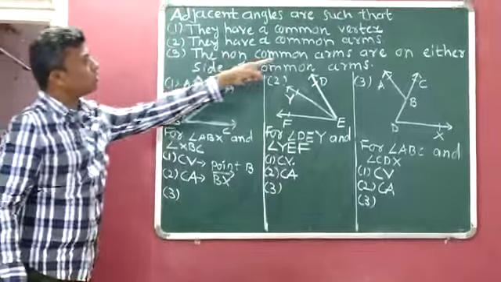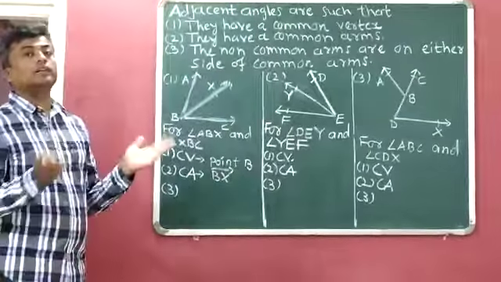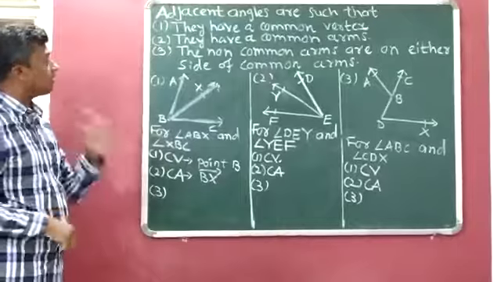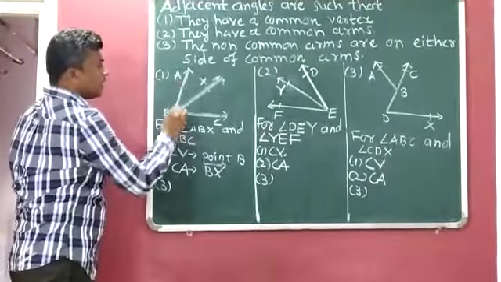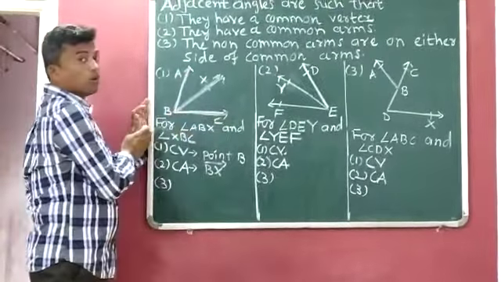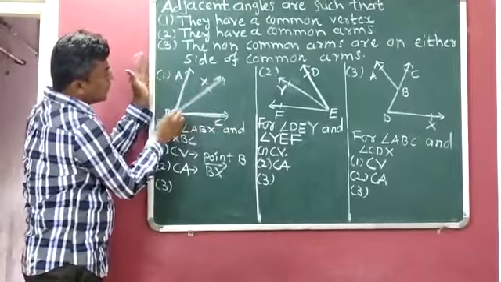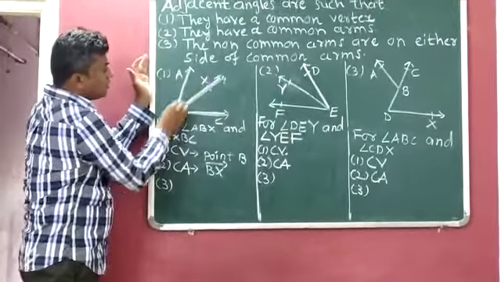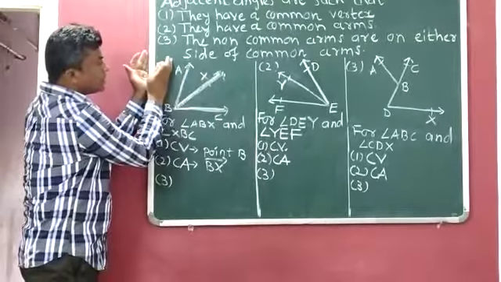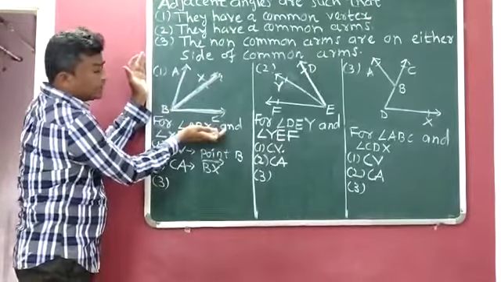And third, the non-common arms are on either side of the common arm. See, ray BA and ray BC are non-common arms of both angles. They are available on either side of the common arm. It means one ray is on this side and one ray is on this side.